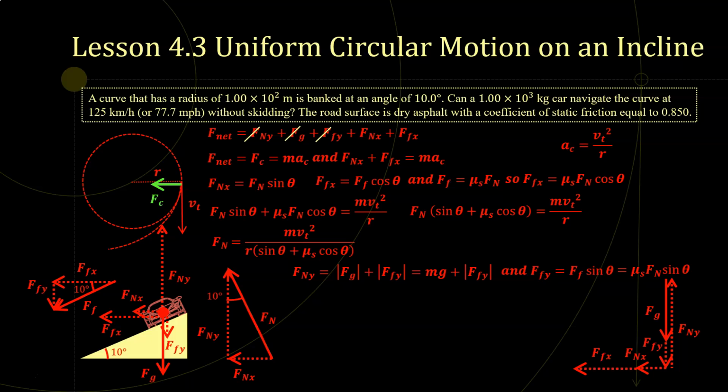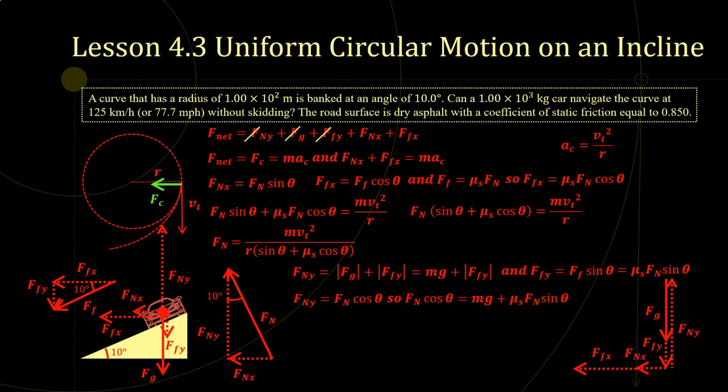Okay, so I just replaced my friction force term in this equation. And I know that gravity force is mg. I know the mass and I know gravity. What about the y component of the normal force? So I can do the same thing I've done before. And I can note that the y component of the normal force is the normal force times the cosine of theta.